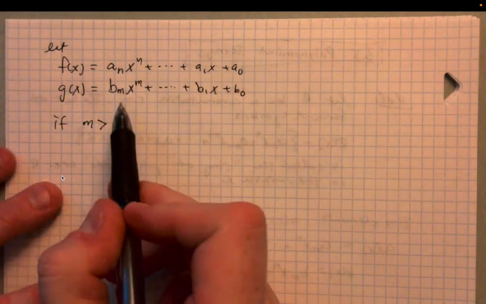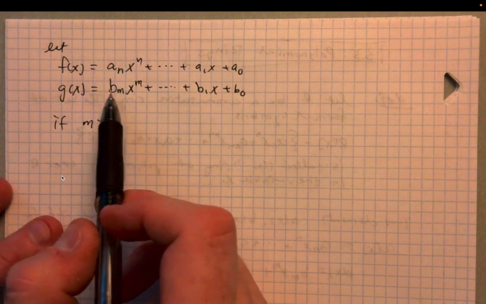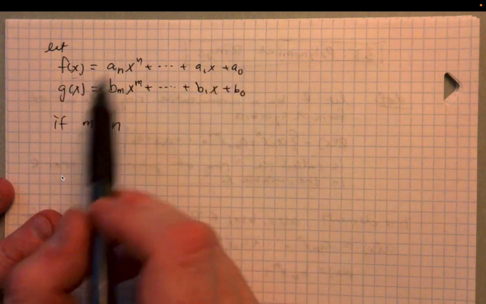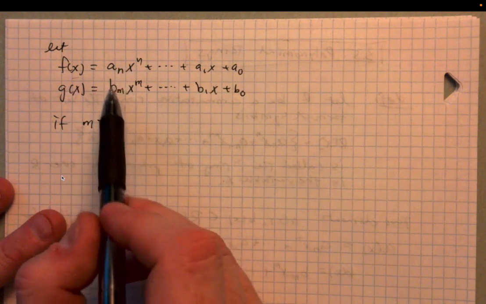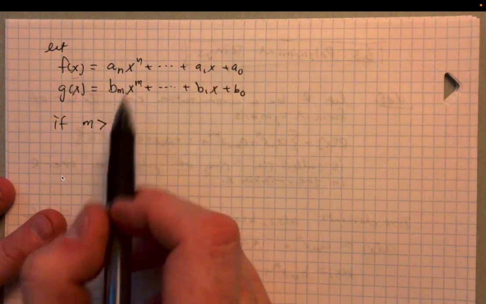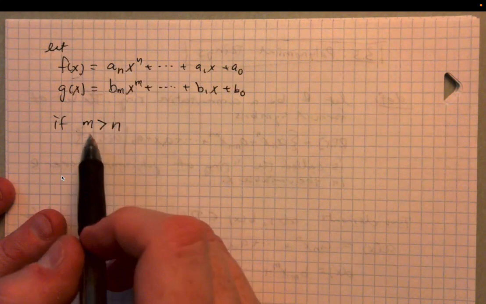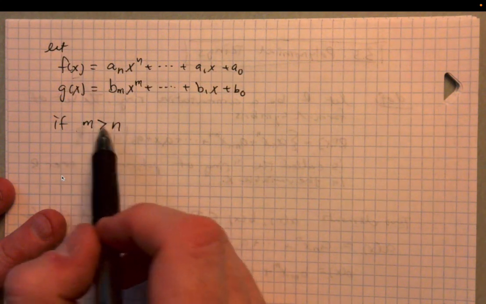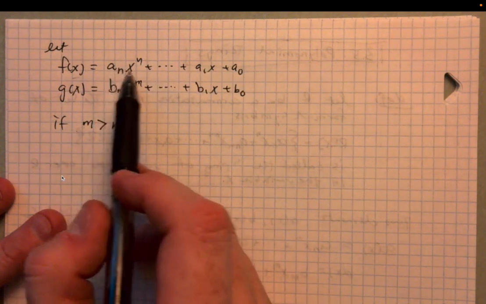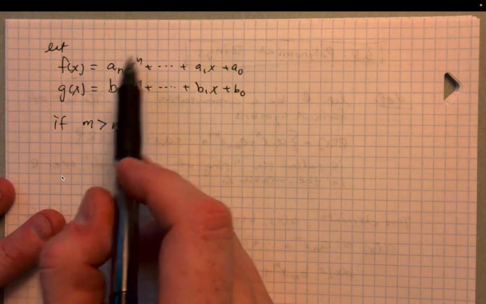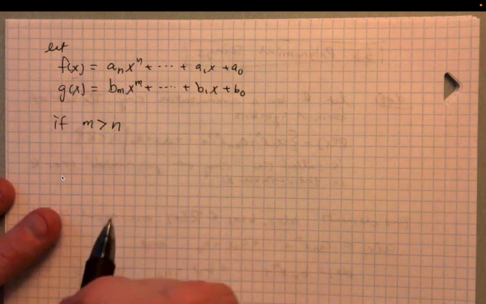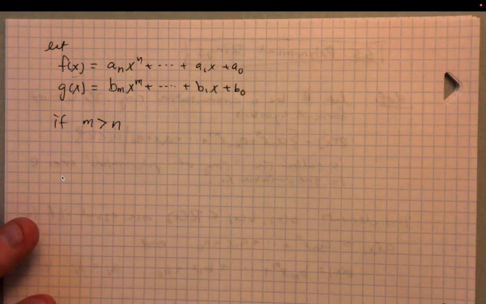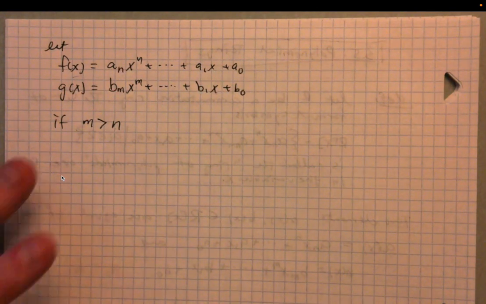Sometimes when we write these as polynomials, we typically drop any terms where the coefficient is 0. In the case of m being greater than n, there are terms larger than x^n where the coefficients of g are not 0. But we can blow f up to match g.